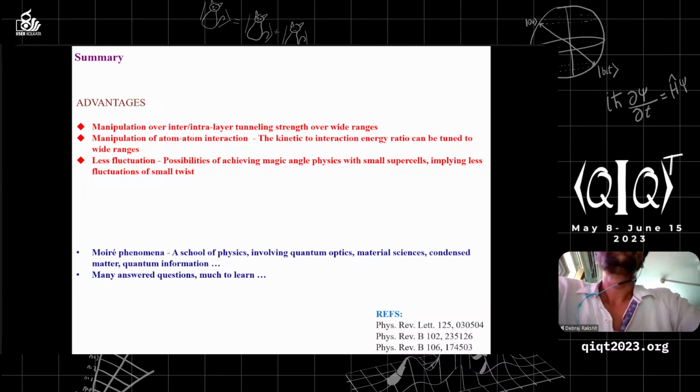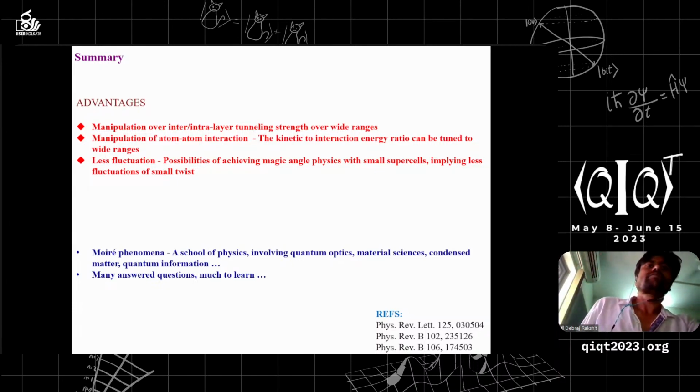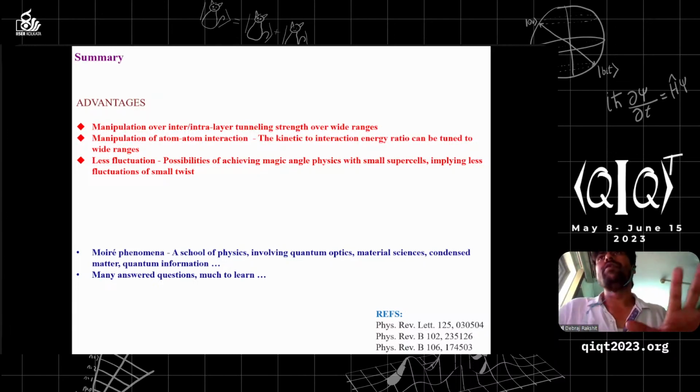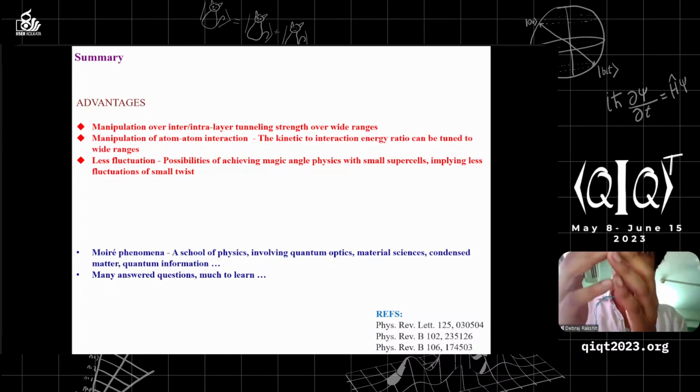Secondly, these are very clean systems. You can think they are very much isolated from the external environment. There are problems like when you deal with fermions, there are problems with the losses, but still there are a lot fewer fluctuations. We also have designed something that has a very small number of unit cells.